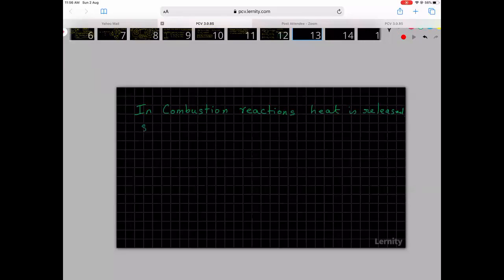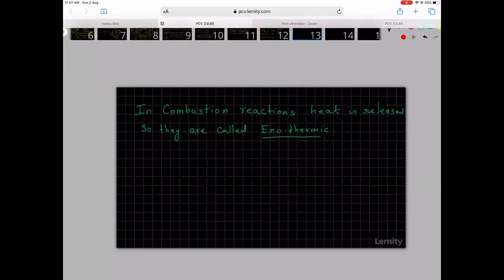So they are called exothermic. Exothermic is a reaction in which heat is released.